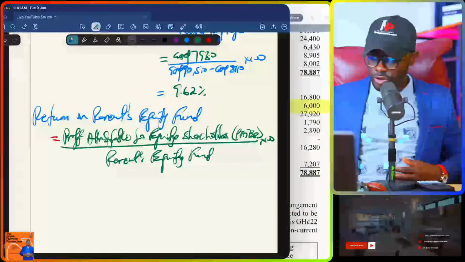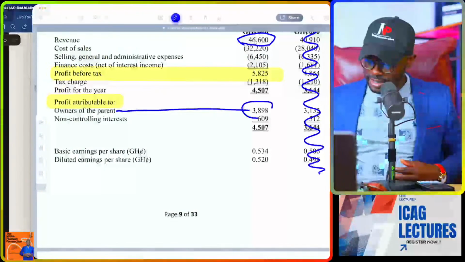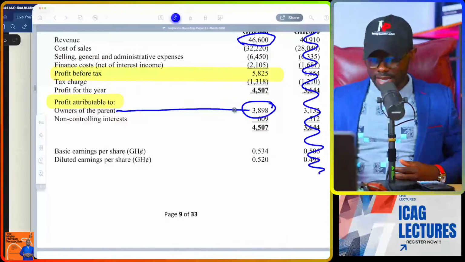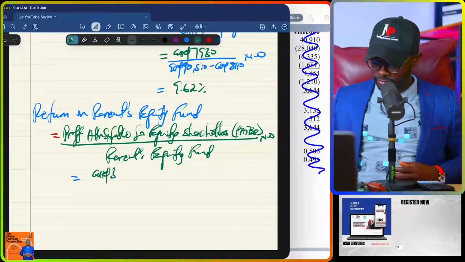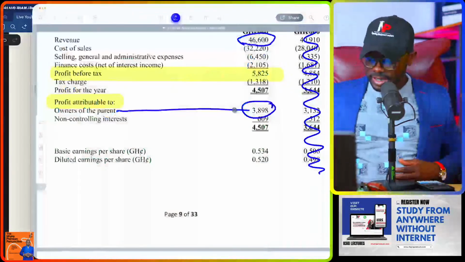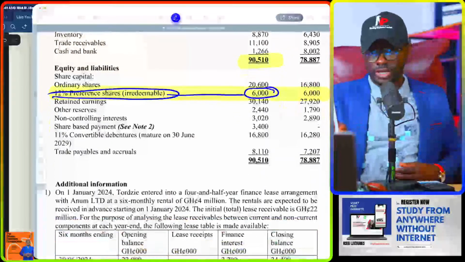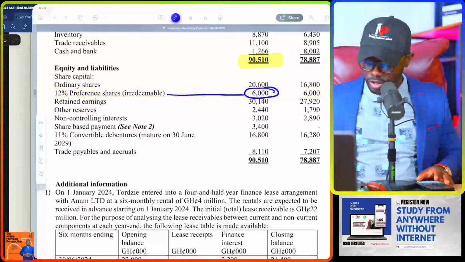So that is going to be the parents' earnings: 3898, profit attributable to the parents, minus the dividend to the preference shareholders. That will be 12% on the 6,000.